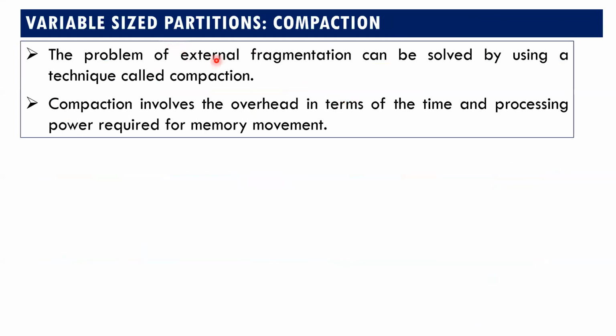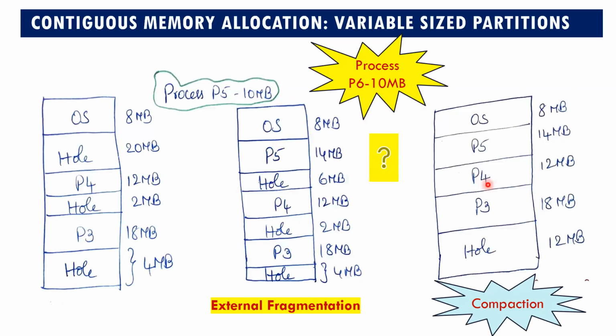So the problem of external fragmentation can be solved by using a technique called compaction, and compaction involves overhead in terms of the time and processing power required for memory movement. If you observe, here we are relocating all the processes, that means we are moving all the processes, which consumes more computer resources, and it is also time consuming.